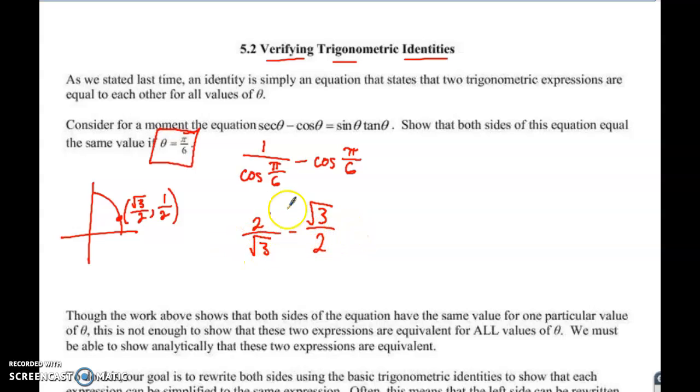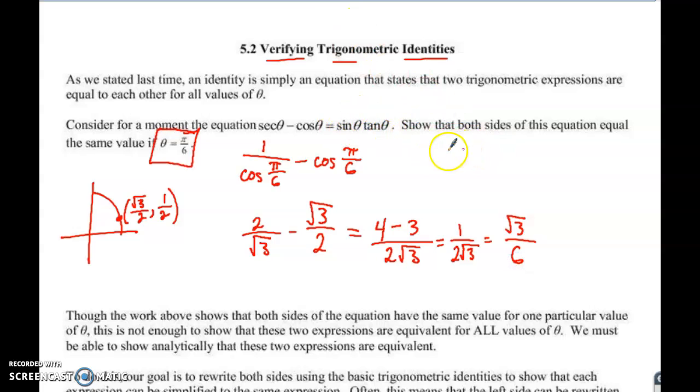You could do the butterfly method I talked about before: 2 times 2 is 4, minus root 3 times root 3 would be 3, all over 2 root 3. I don't care if you leave it like that, or if you rationalize that denominator, which would be root 3 over 2 times 3, which is 6. Okay, that's just working with the left side.